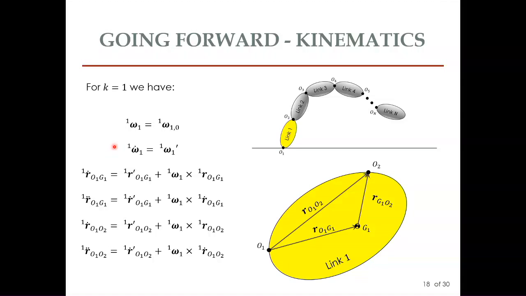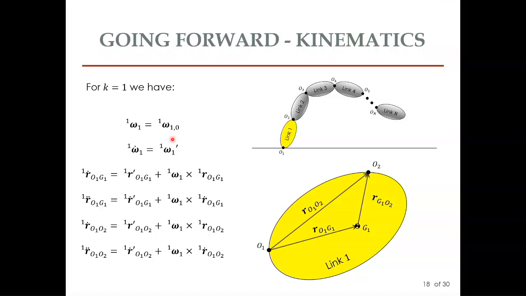For link number 2, I will already look at these equations, substitute K equals 2, and then everything here with K minus 1, I already know, because this is for link 1 that I prepared here. So this is the absolute angular velocity of link number 1, that is, 1 relative to 0, and I know this one. Why?